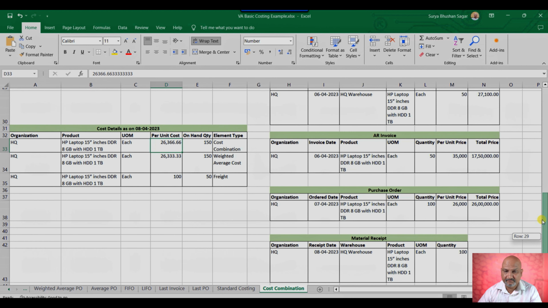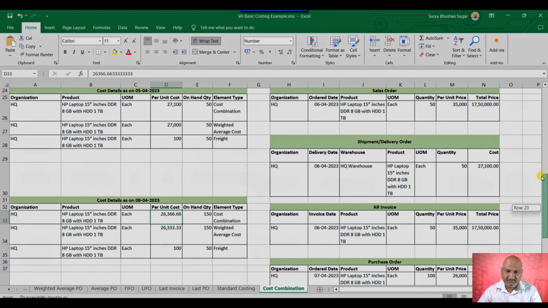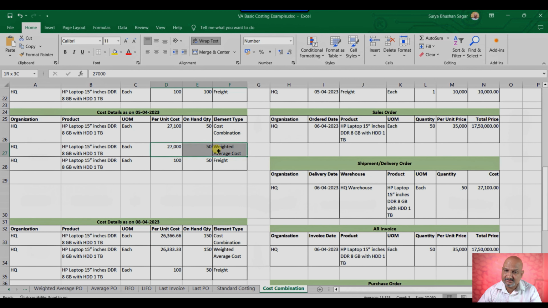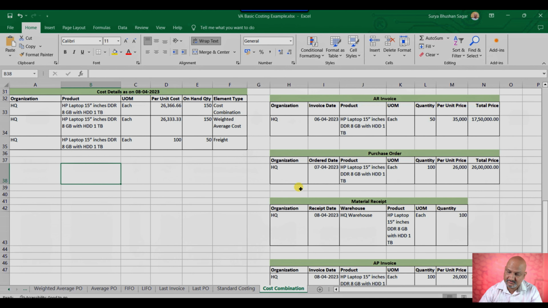Now the question is, how does the system calculate this 26,366.66? For the 50 quantity it is 27,000. So the system is calculating in this way. It is 27,000 multiplied by 50 is one value.